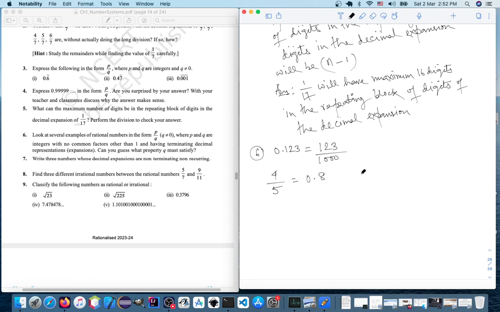Let's consider some more examples, like 5 by 6. Can we consider 6 as q and form a rational number p by q where we'll have a terminating decimal?